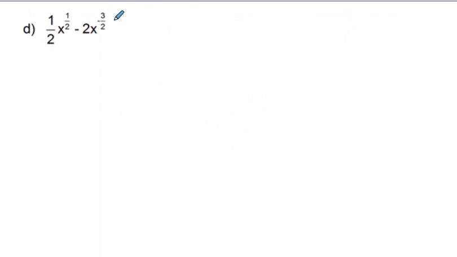So now this one here is kind of strange. Well, for our greatest common factor, you take the lower of the numbers, so our greatest common factor is going to be equal to 1/2, and then the power of x that is the lowest, well, that's going to be x to the negative 3/2 power.